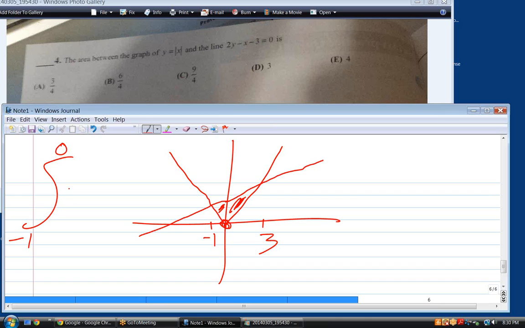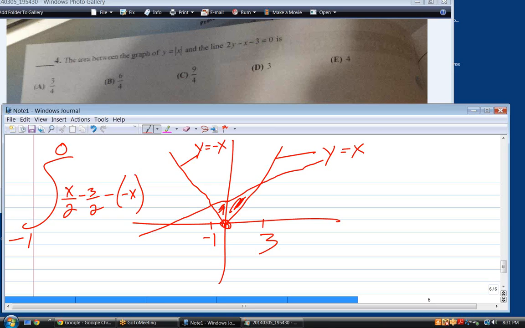But anyway, the answer is going to be the integral from minus 1 to 0 of x over 2 plus 3 halves, minus the absolute value of x. And that function right there is y equal minus x. This part of the function is y equal x. So I'm breaking it up into 2 functions instead of using the absolute value.